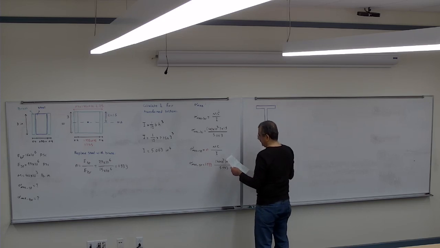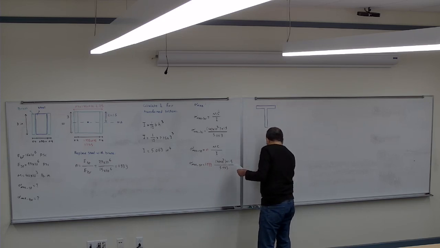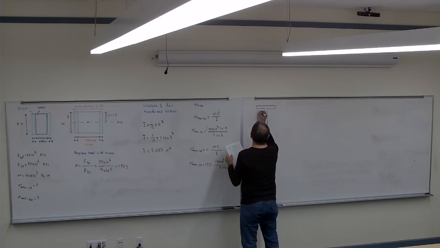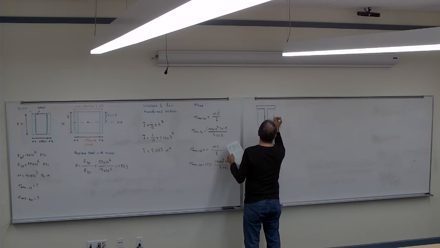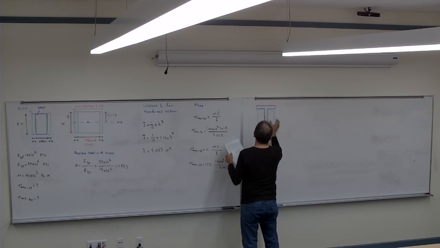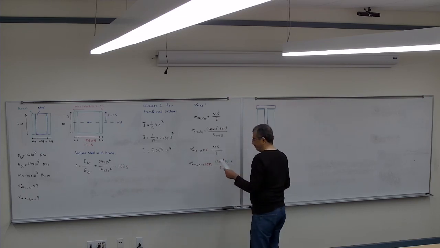There's a T-shaped steel beam that has the wood attached to it, like this. So the wood section covers neither the entire width nor the height, just part of the section.